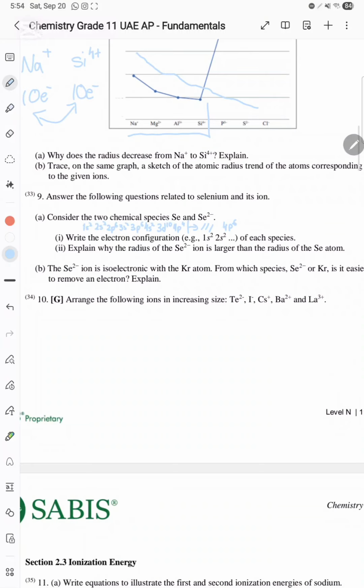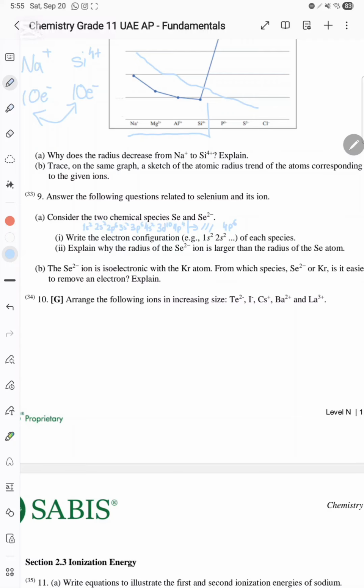So we said that atoms attract their own electrons more than anions do. So anytime it's easier to take electrons from an anion than it is from a stable atom.